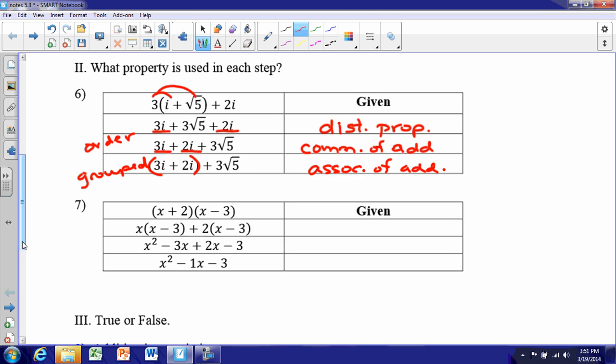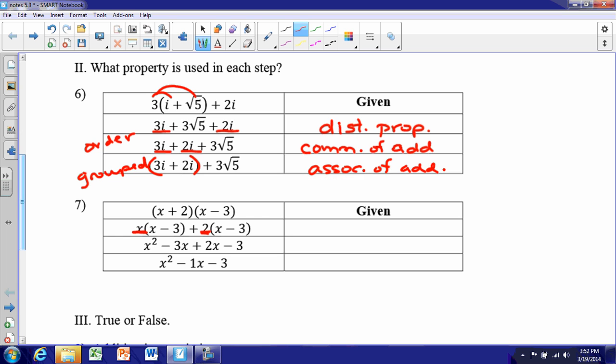Okay? In the second box, we're starting with a whole new problem. It looks like we have a binomial times a binomial. And then in the next step, it took the x from the binomial and put it in front. And then the 2 from the first binomial and put it in front of the x minus 3 as well.